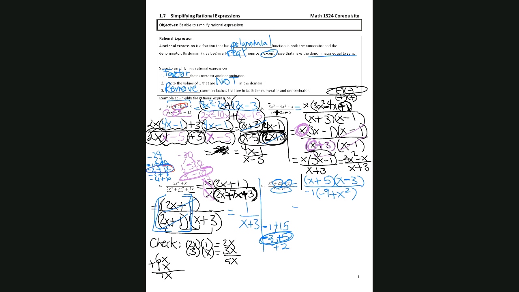Now, what I'm going to do is rewrite the binomial that is in the denominator, but I cannot forget about the -1 that I had to factor at the beginning. And so I want to just switch the order so that x squared goes first and then -9. And the reason I do that is so that it becomes more obvious that it is a difference of squares.